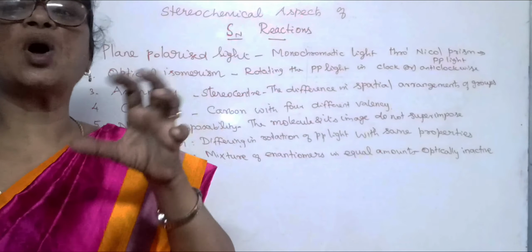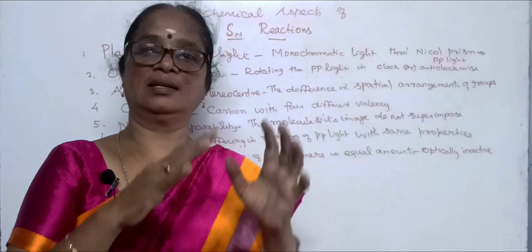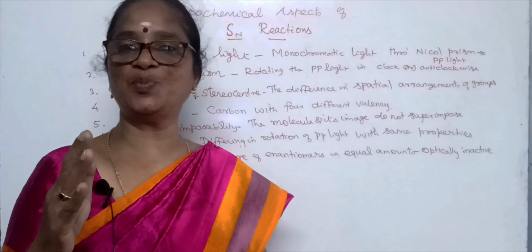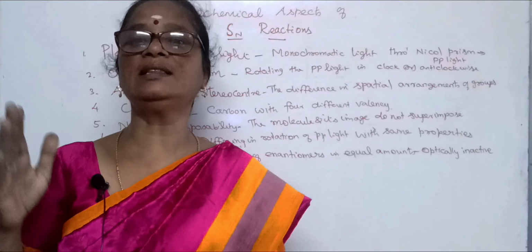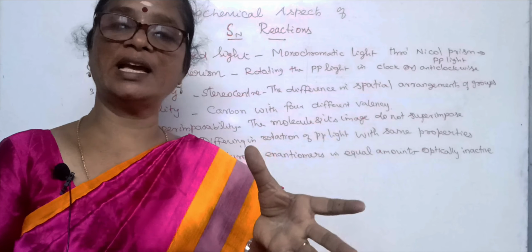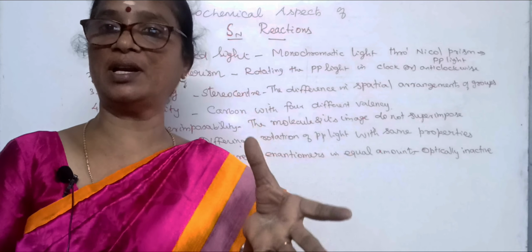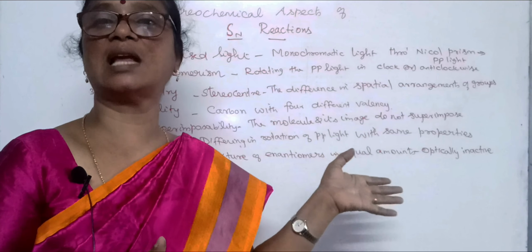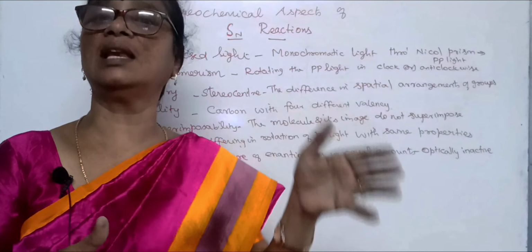Some compounds are capable of changing the spatial arrangement of their groups in a three-dimensional pattern. When they change the spatial arrangement of groups, they are capable of rotating the plane polarized light to the right side or the left side.